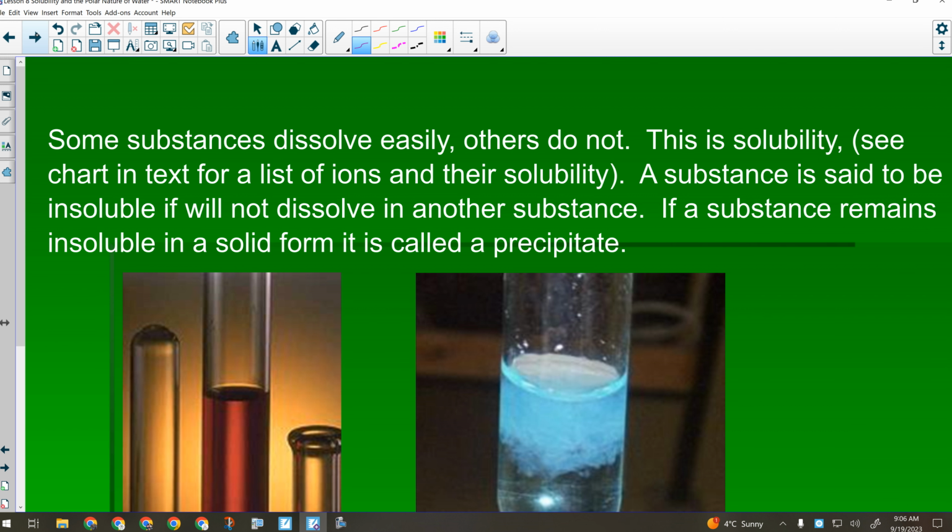You can't put butter in water and have it dissolve. You might be able to mix it in, but as soon as you stop stirring, it'll come to the top again. So there's a difference in solubility. Some things are soluble, that is, they do dissolve, and some things are insoluble, or less soluble than others. Solubility is that physical property that tells us how much of something can dissolve in something else.